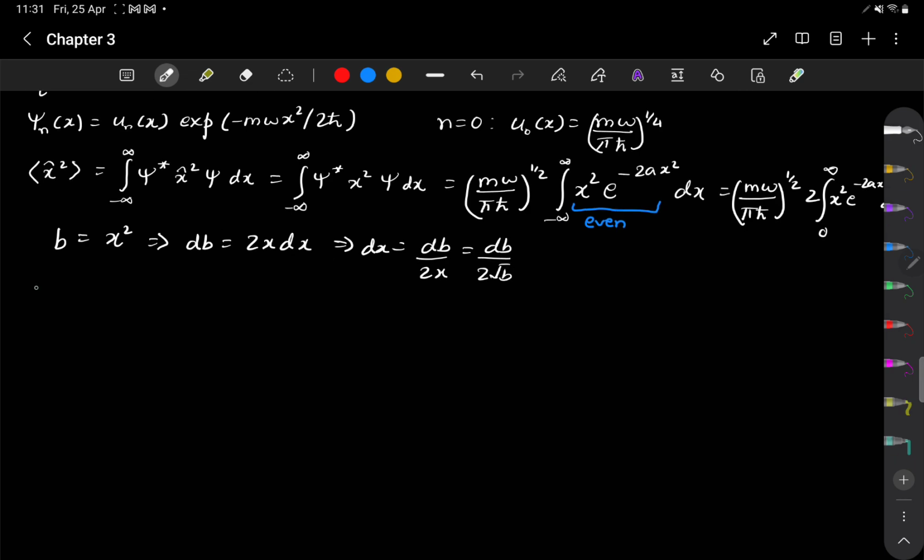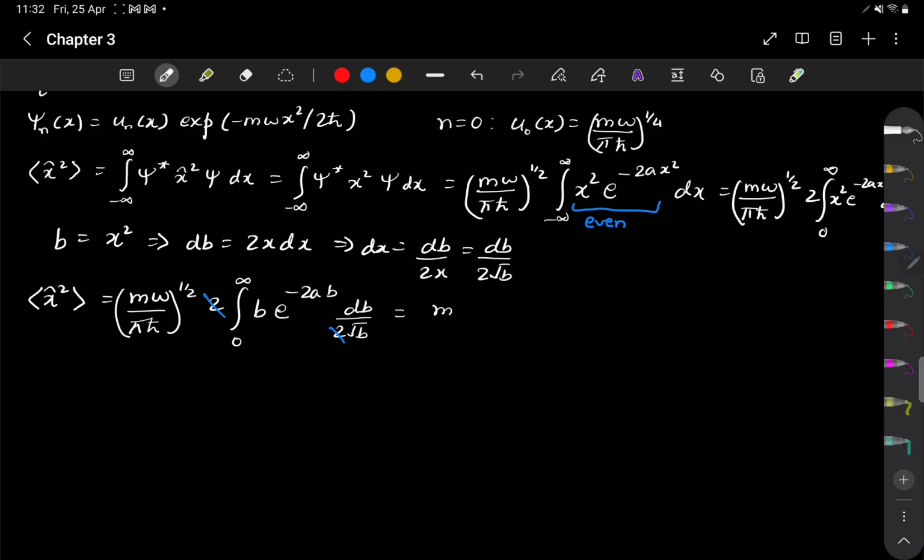So we'll plug that in. So the expectation of x squared is the following. X squared is b, e to the power minus 2a x squared is e to the power minus 2ab, and dx is db over 2 root b. So this 2 cancels out.